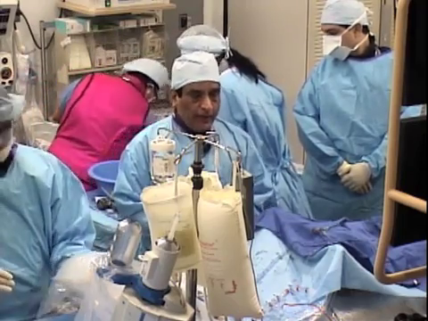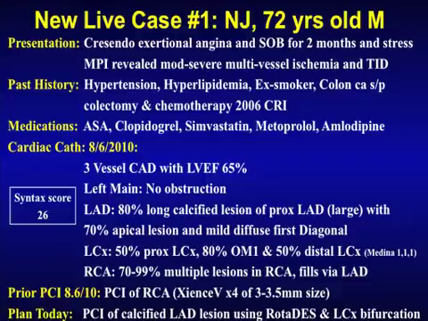Now with that note, this is case number 1, we should have slide 1, good. The patient is a 72-year-old male who has crescendo exertional angina and shortness of breath for 2 months, has a stress test which revealed multivessel ischemia, and is on antihypertensive medications and has the usual risk factors. He does have chronic renal insufficiency with creatinine around 1.8.